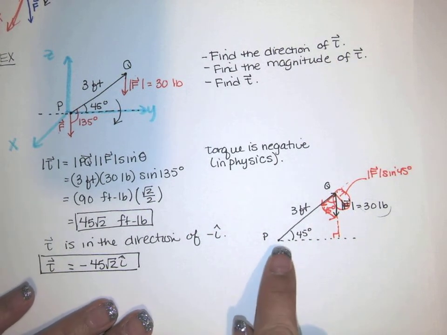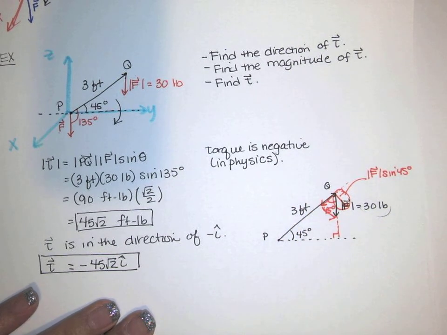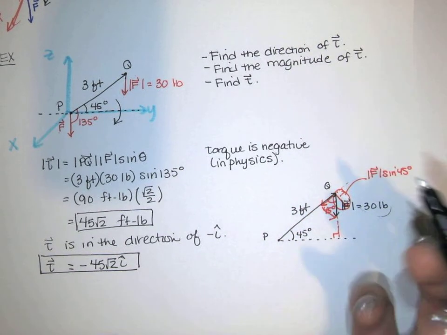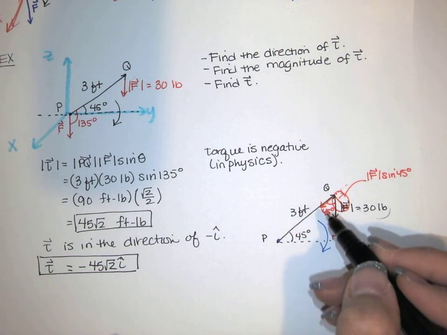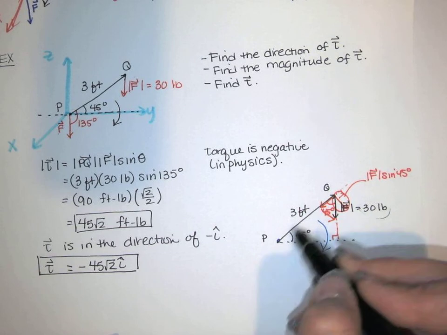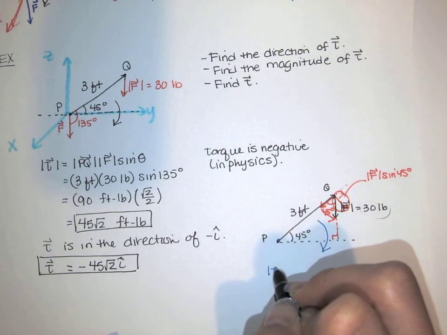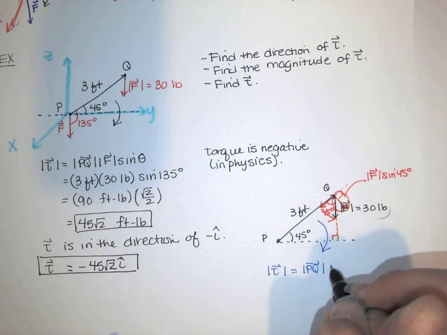So if I'm just looking at the part of F that's perpendicular to PQ, that's the part of F that's causing us to rotate about this point P. I'm just going to take this magnitude of F times sine of 45 and multiply it by 3. And that's going to give me the magnitude of the torque.